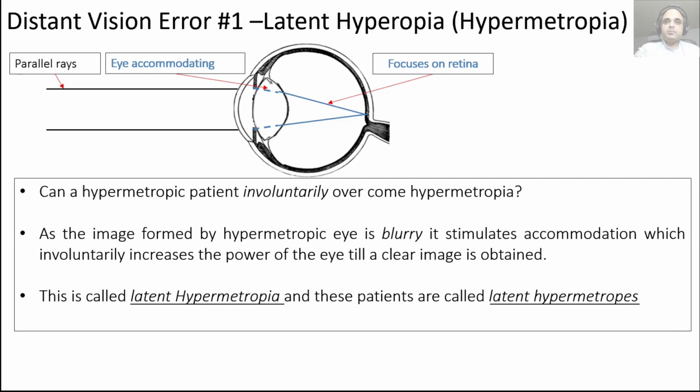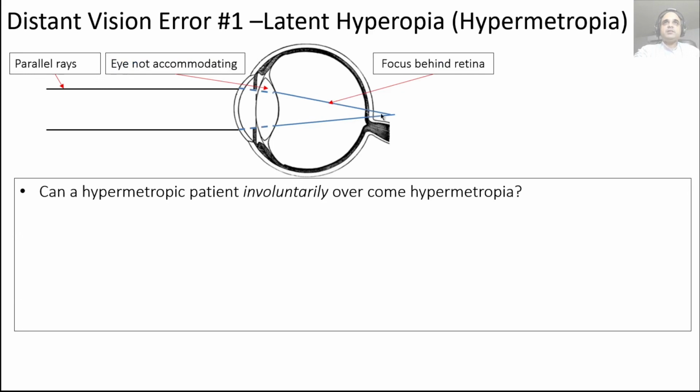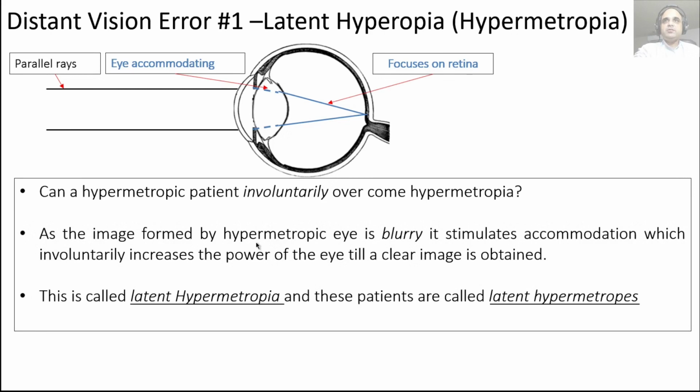And with hypermetropia, you have a blurred image because the light rays form behind the retina. If the patient has sufficient accommodative amplitude, he or she will be able to focus these light rays onto the retina and not know that they are hypermetropes, thus latent. Latent means hidden. So these are latent hypermetropes, and this phenomenon is called latent hypermetropia.